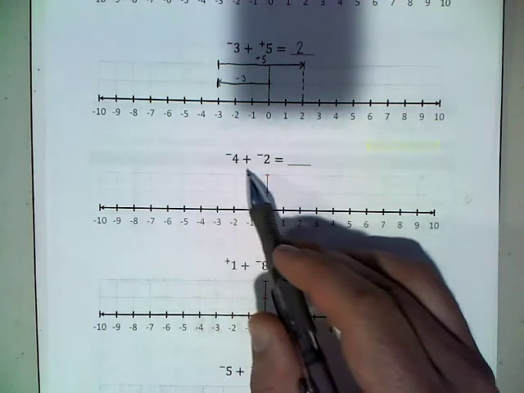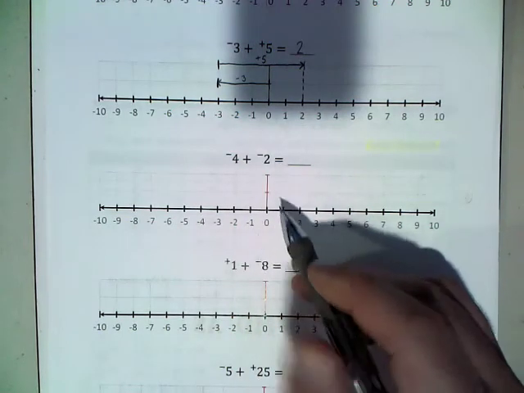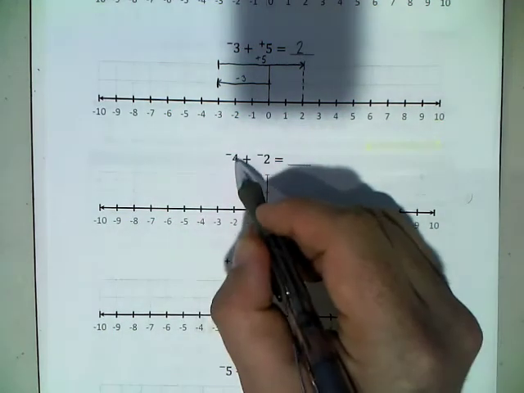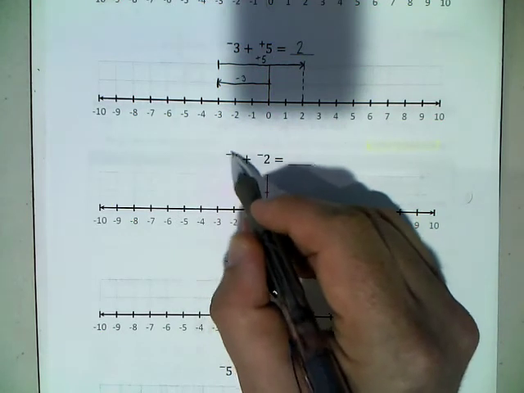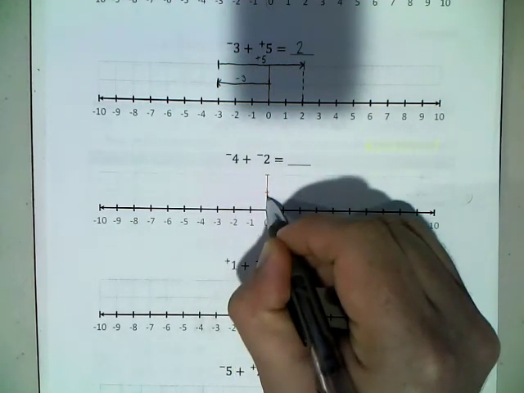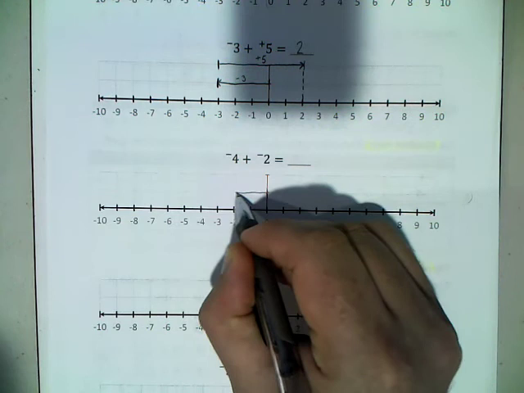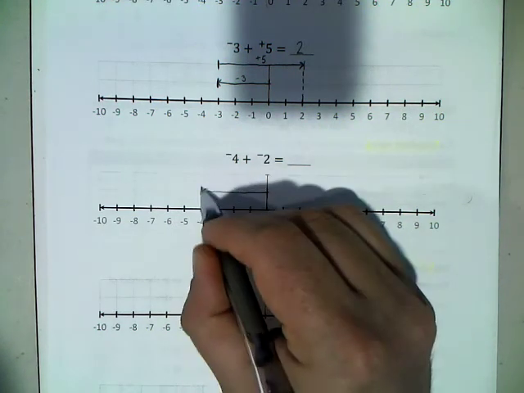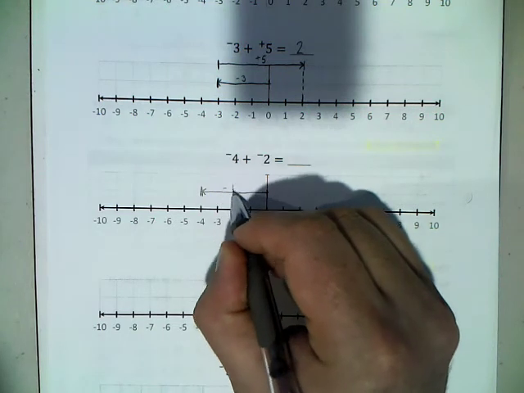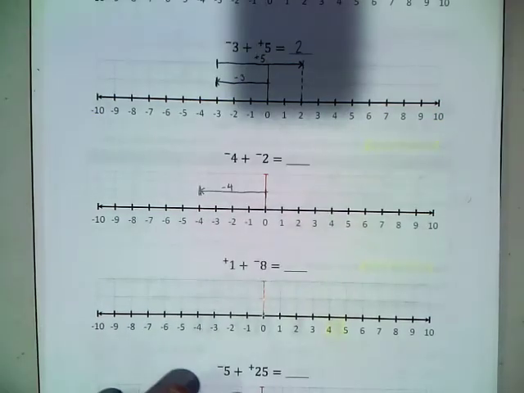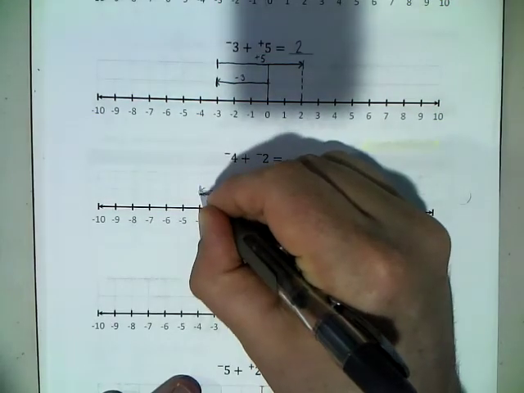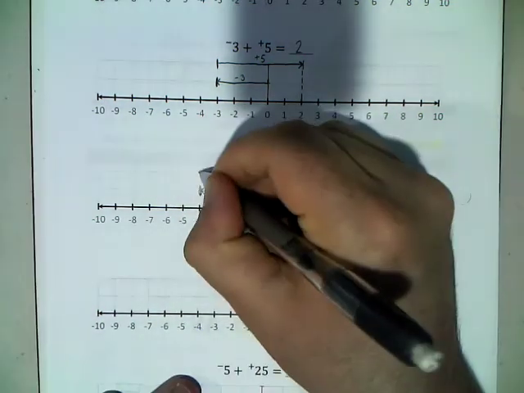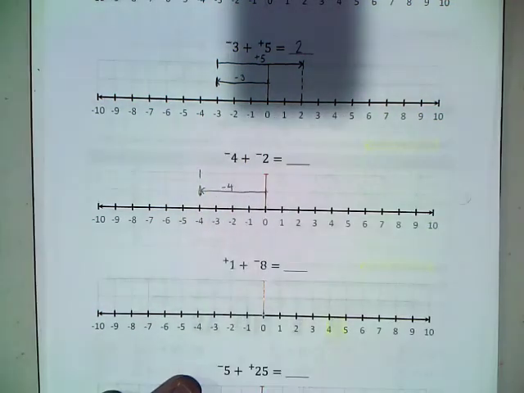a -4 plus a -2. So my first number tells me to go 4 units, but take them to the left. Negative is left. So I'll start at 0, and 1, 2, 3, 4 units to the left. Put my tick mark there. So that's my -4. And then I'll make a tick mark above.